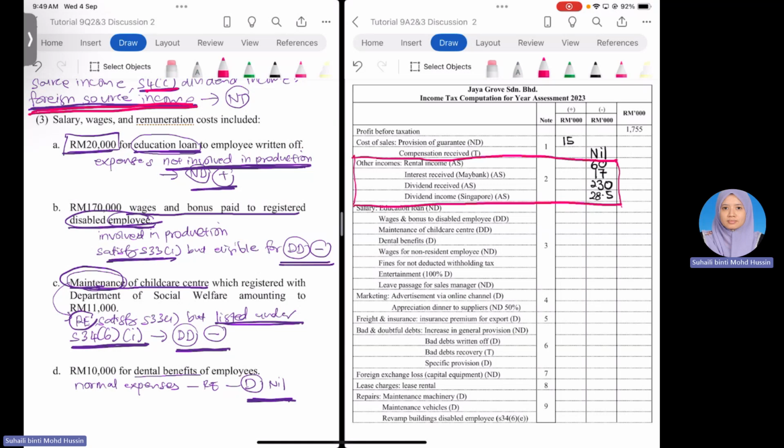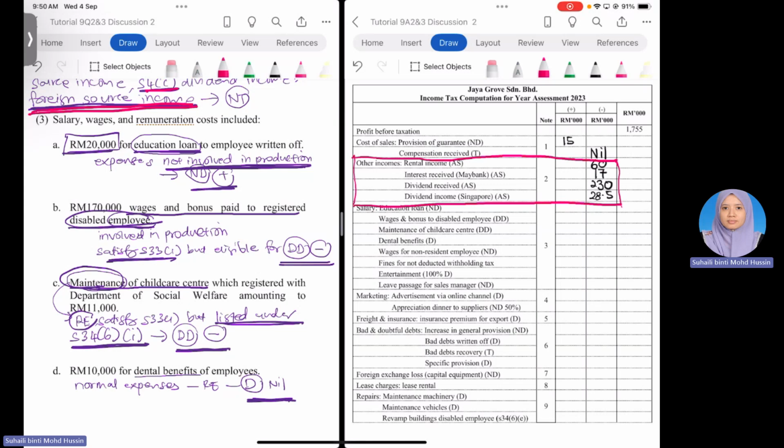Okay, so you have to know that these expenses are not related to the production of the household product. They are doing the business related to the household product, but when they give the educational loan, of course we know that this does not satisfy section 33 subsection 1, as this amount is not related to the production.